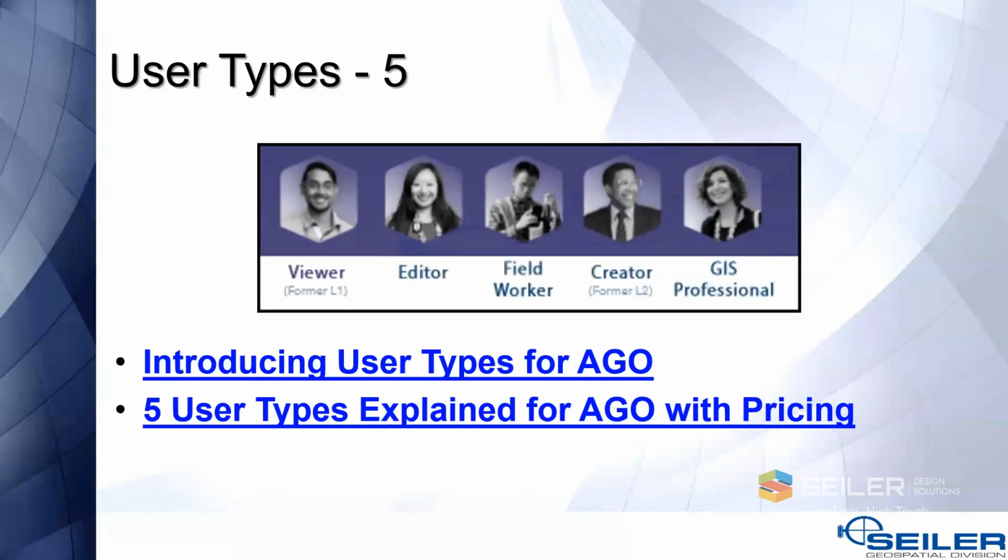There are different user types that Esri has that you would need for this workflow to work. Here are the 5 user types that they have. You're going to need either a Creator or a GIS Professional user type to get from point A to point B for data collection.